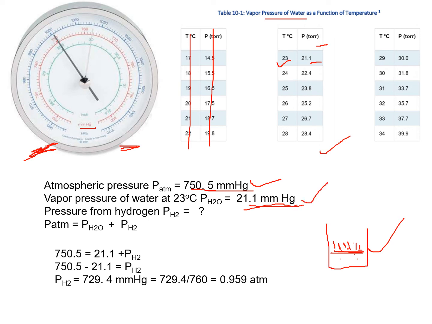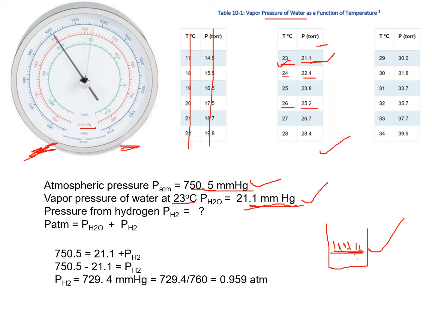Since we have 23 degrees centigrade, we pick this number. If it was 26 degrees centigrade, you would pick this number. Suppose it was 24 degrees centigrade, you would pick 22.4. But we have 23 degrees centigrade, so we pick 21.1. So this is the vapor pressure of water at 23 degrees centigrade.